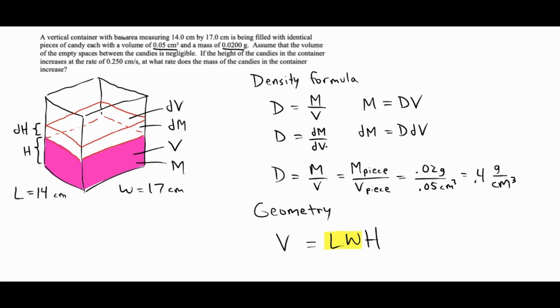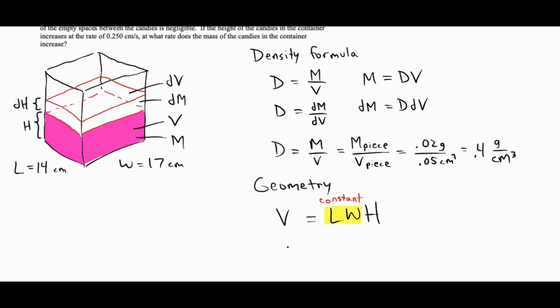So the L and the W are always going to be constant for the whole process of filling the container, so they will not become differentials. Instead, what we'll do is do a dV, leave the LW alone, and then a dH, because these things are variable. They are changing.